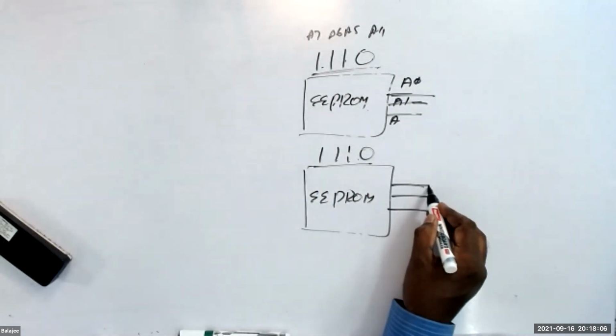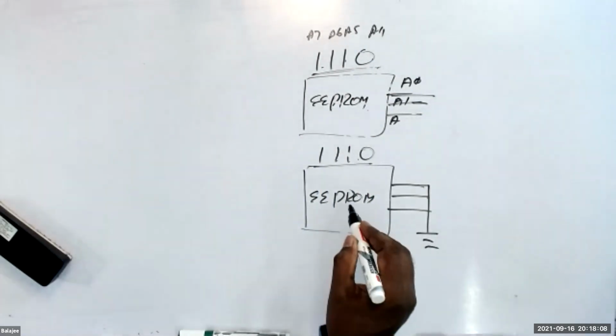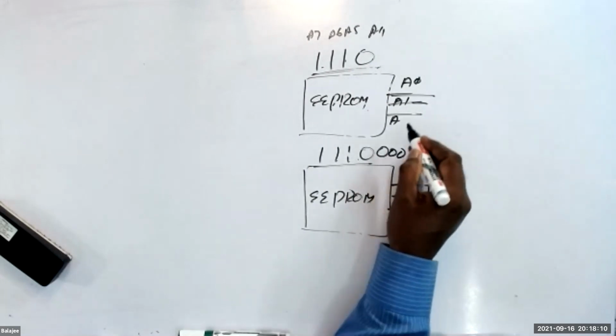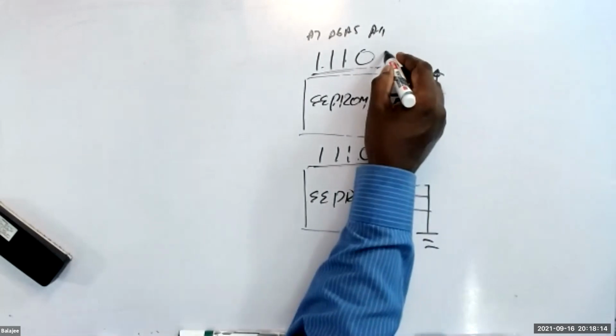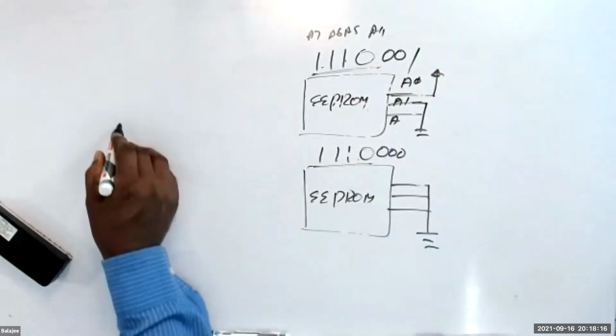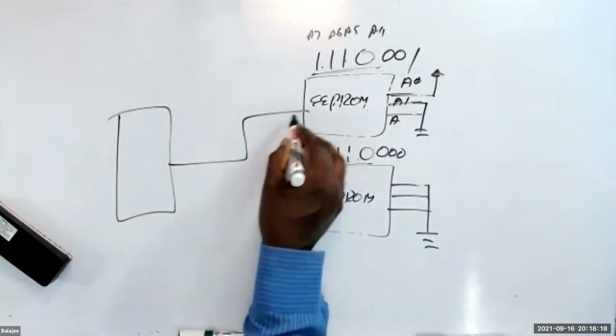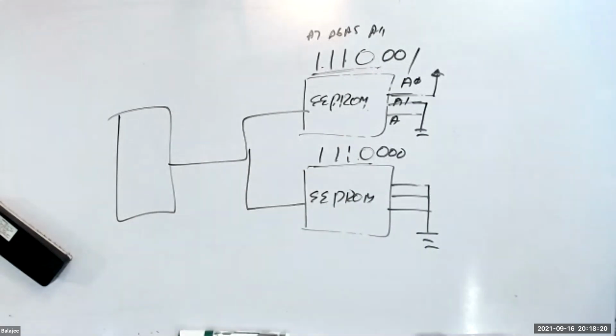If you connect all of them to ground, this guy's address is 000. If you make A0 high and the others grounded, this guy's address is 001. That means I can connect both the devices on the same bus.